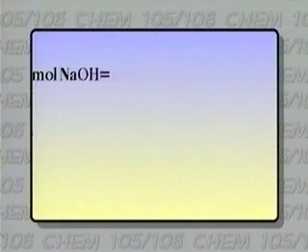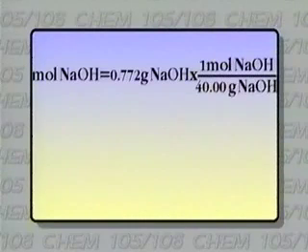This time, however, we're not working with a solution of sodium hydroxide, we're working with a solid. And we know that 1 mole of a solid is equal to its molar mass. So we have 0.772 grams of sodium hydroxide multiplied by 1 mole of sodium hydroxide over the number of grams, its molar mass.